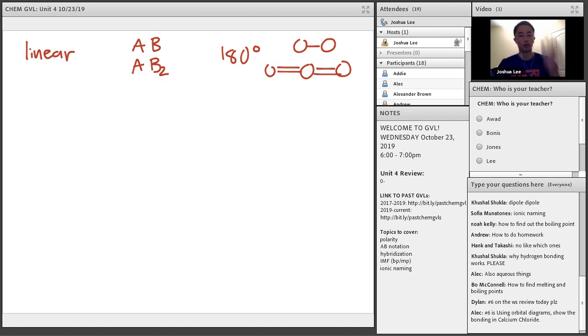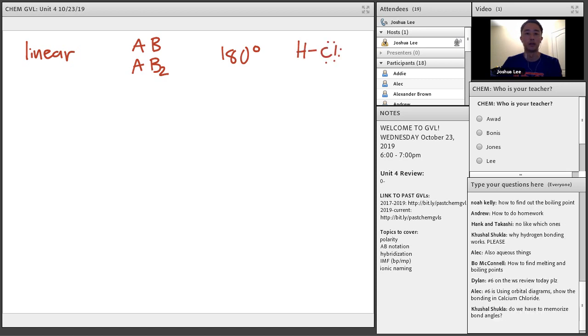I guess I should draw the Lewis dots for them. So it could be like HCl or CO2, always a nice classic one. So that's linear.